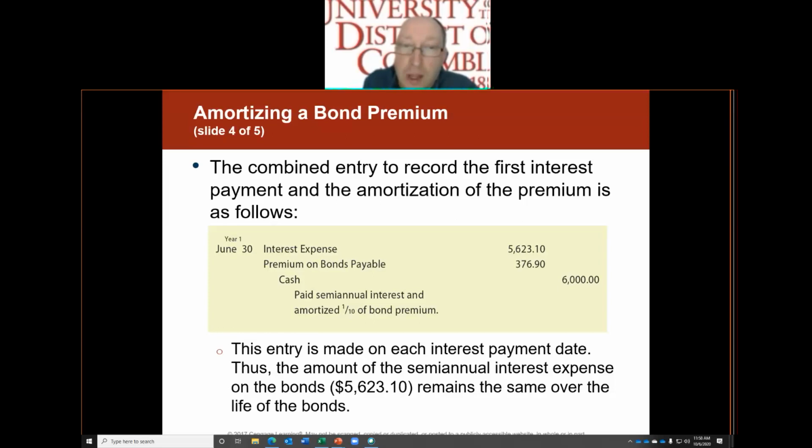We record interest expense of $5,623.10, and we debit premium on bonds payable by $376.90 to get us to that $6,000. The reason we have the debit to premium on bonds payable is because it's a premium. If it were a discount, the opposite would be true. It would be a discount on the cash side, a credit.